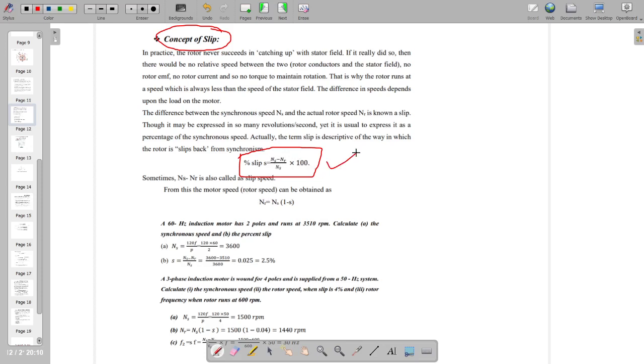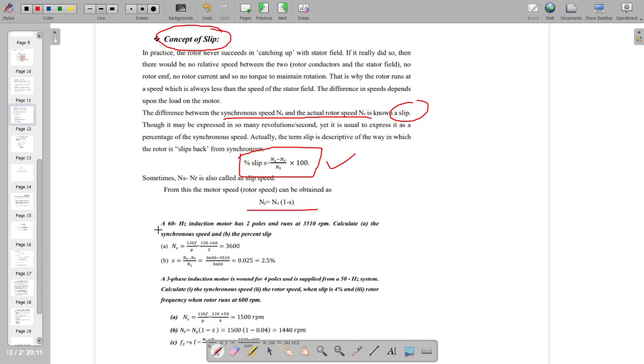This is the percentage slip. Slip means the difference between the synchronous speed and the actual rotor speed. From this equation, we can write the rotor speed Nr equal to Ns into (1 minus S).